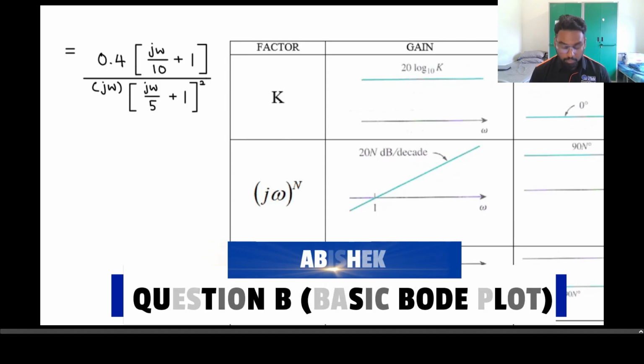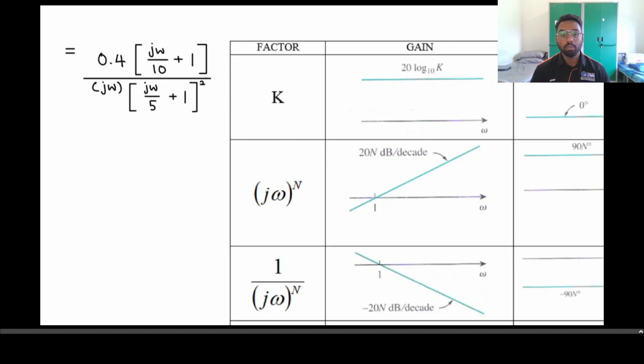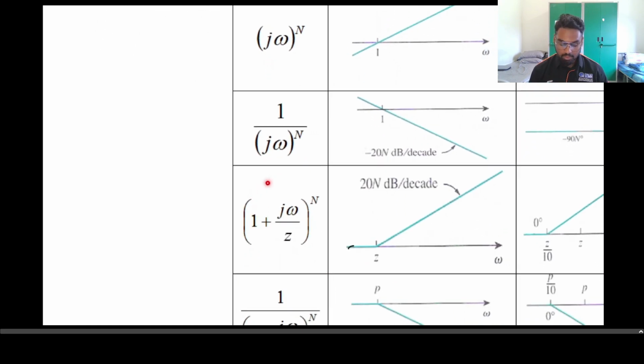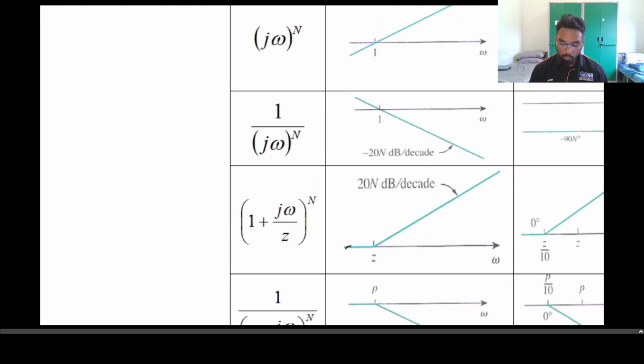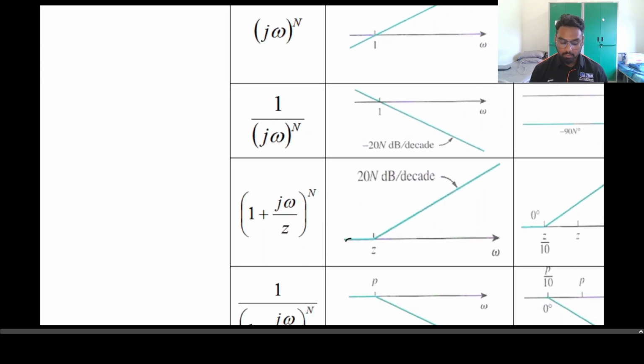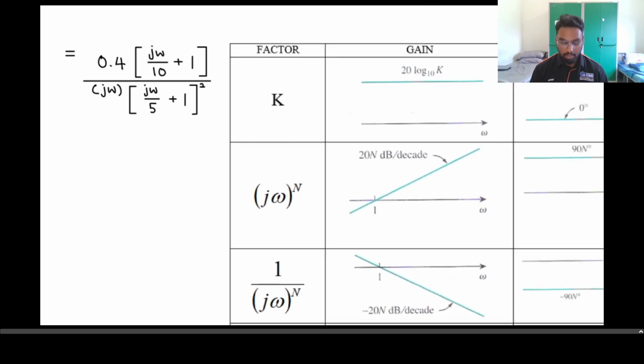Before we move into creating the magnitude Bode plot, I would like to briefly explain the fundamentals of creating a Bode plot. We have k, which is the gain 0.4, and we have the simple zero, which is in this form. If we compare this to the transfer function, we can obtain the value of z, which is 10.